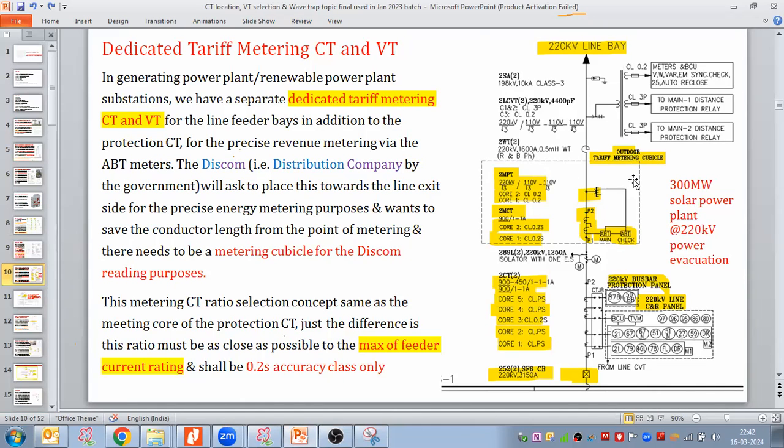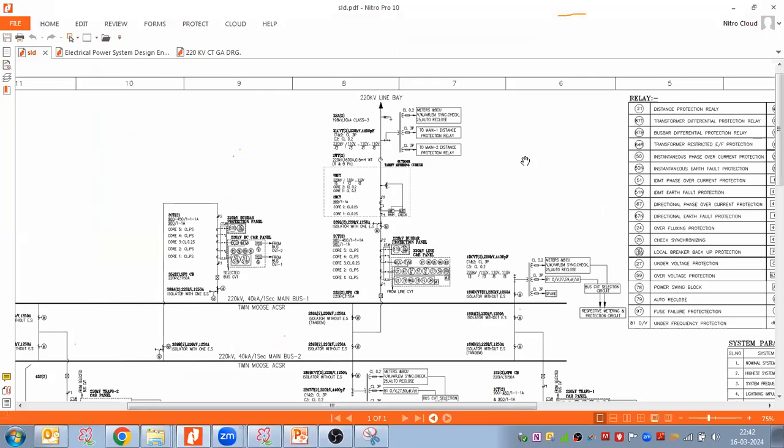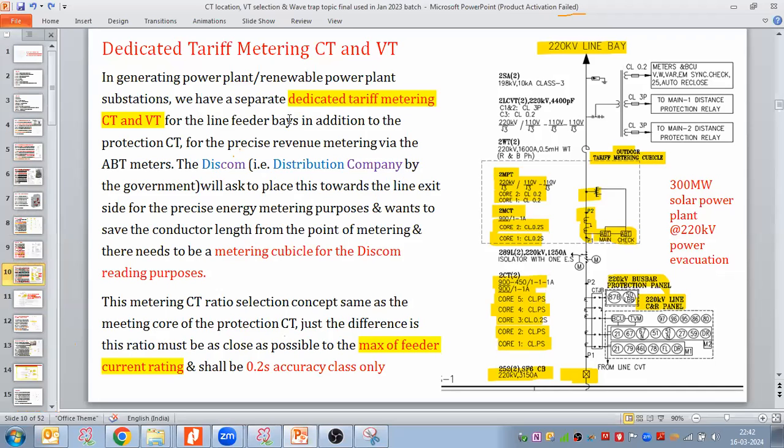I took the snapshot for the line, and not everywhere, it will come in the line way only. The line way from where you are evacuating all the power and feeding to the grid. This dedicated metering will come for the line feeder way, in addition to the protection CT that we discussed so far.